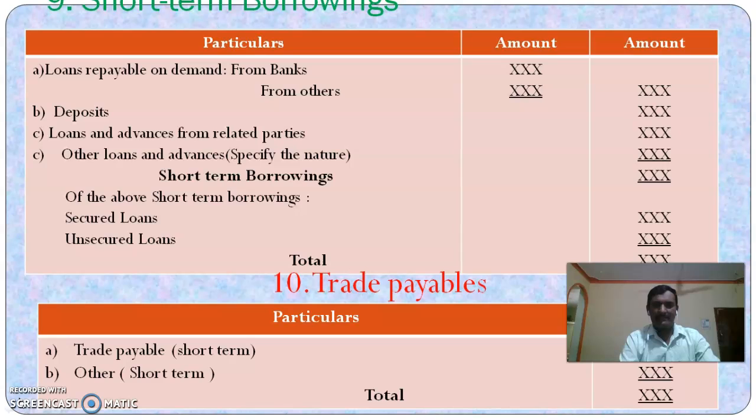Then we have to take the item about the trade payables. Under trade payables, usually we have the items like sundry creditors or bills payable, short-term if any are to be taken, or if any other short-term trade payables, those things also to be taken here.